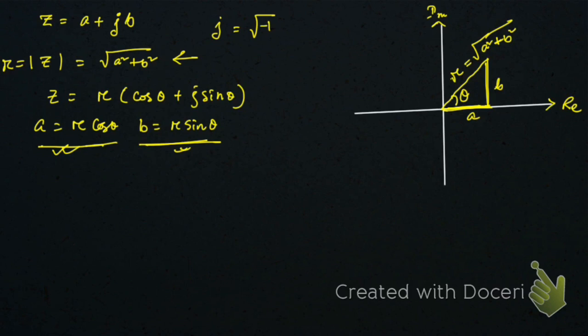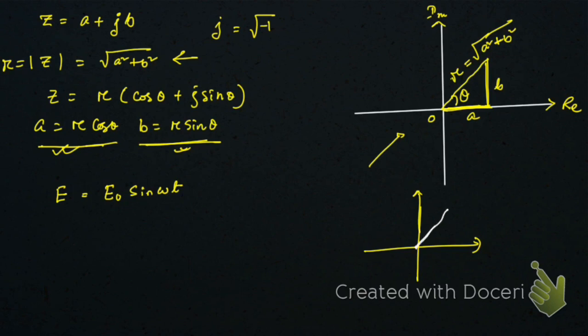Now you see, suppose you have an alternating EMF source, that is E is equal to E naught sin omega t. If you draw a phasor diagram and compare with this diagram, you can see this is your phasor, this is E naught.